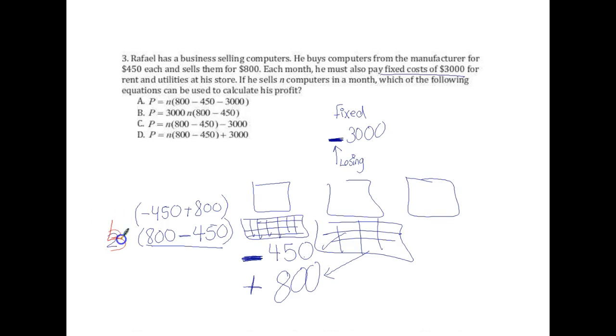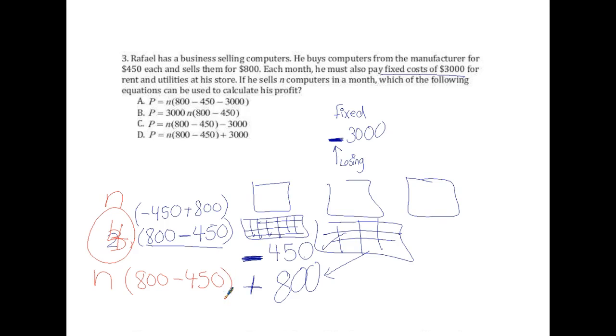We need to multiply the value by 4. So here is the number of computers he's gonna buy or sell. So just per computer, it's the number of computers multiplied by the 800 minus the 450.